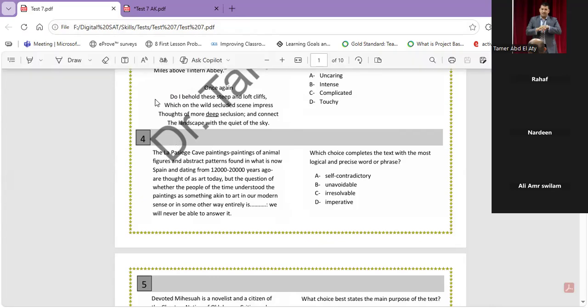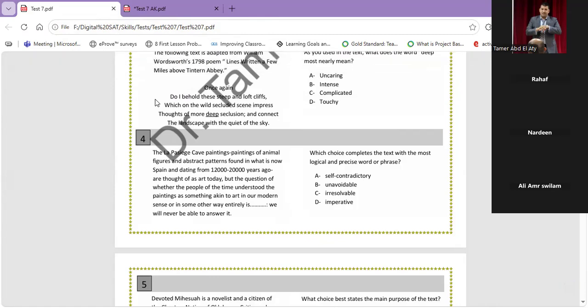I'm waiting for the answer of Ali Swalem for number 4. Number 4, Ali. Again, as a reminder, no question takes more than 1 minute 20 seconds.